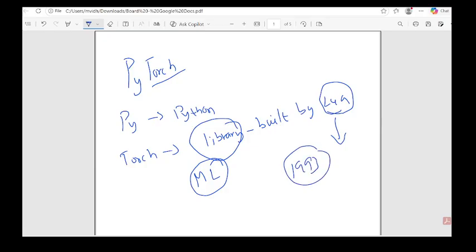Lua is a programming language that is easy to execute, has fast execution, and is easy to embed with other languages. Lua is used for data processing, configuration, and extending applications.